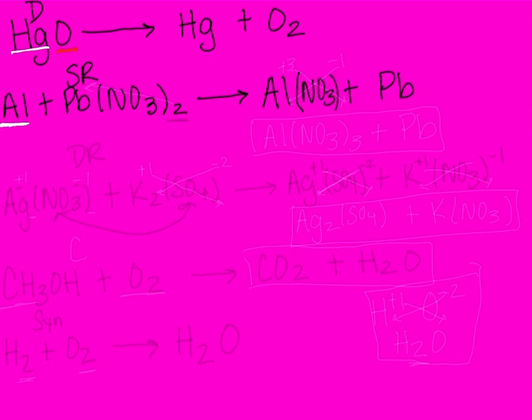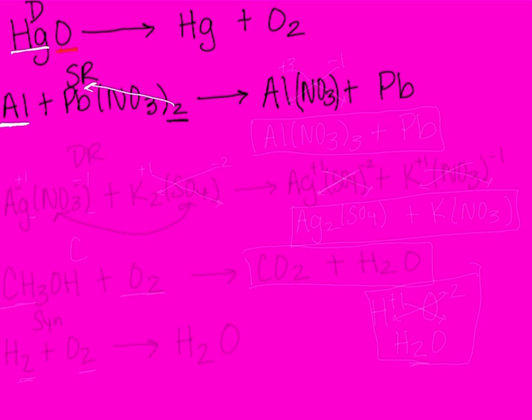A common mistake is that people see this subscript of 2 partnered with NO3 and want to move that subscript with NO3. But that would be inaccurate, because if I did a reverse swap and drop, I learned that the 2 comes from right here, from the oxidation number of Pb.